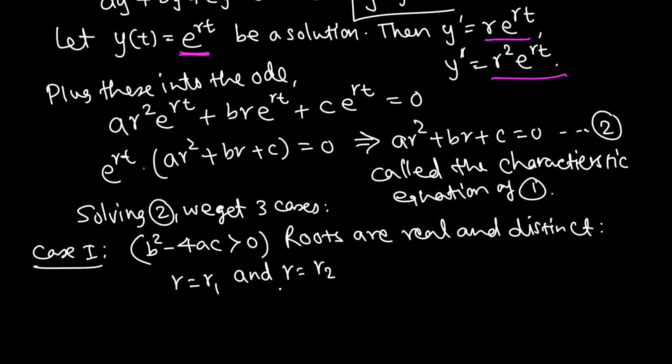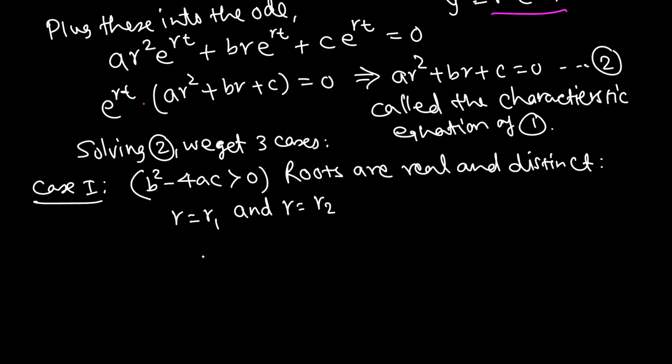In that case, the solutions go like this. All we have to do is simply plug in r1 and r2 for this r. So we get e raised to r1t as one solution, e raised to r2t as another solution. They form a fundamental set of solutions because they are linearly independent.